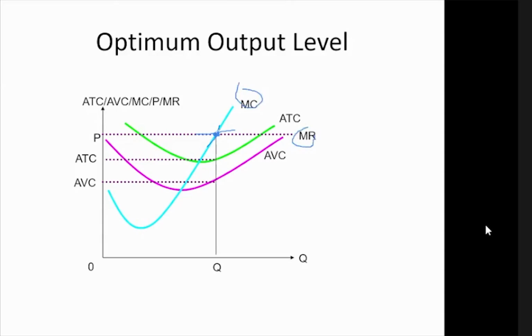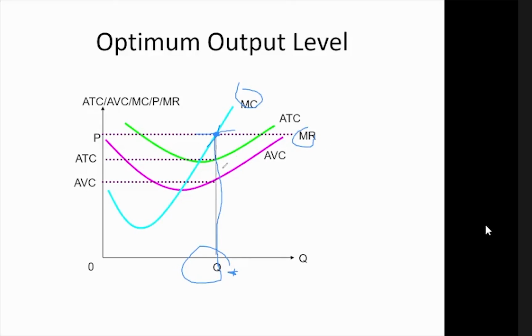So this is this point. Then we see what our output level is. And this is the profit maximizing output level. So the point where MR equals MC is known as the profit maximizing output level.